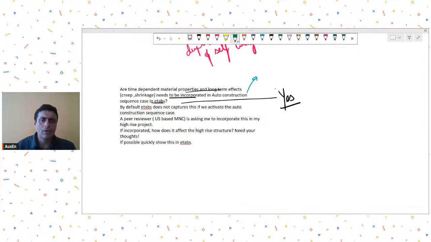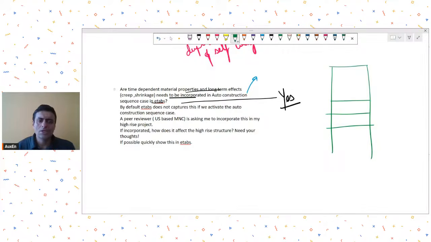For tall buildings, you are interested in doing the construction stage analysis, so you should incorporate the long term effects of material also. That is what you should do. By default, ETABS does not capture this.